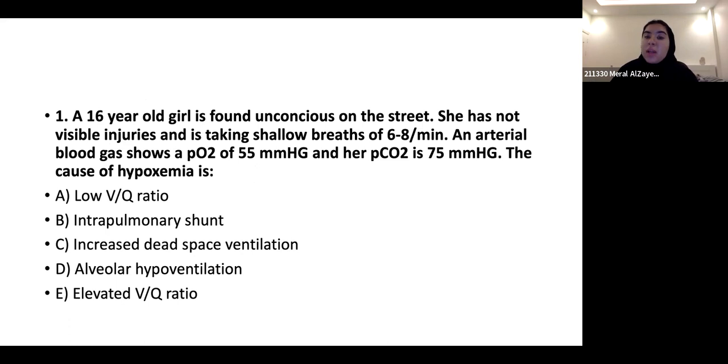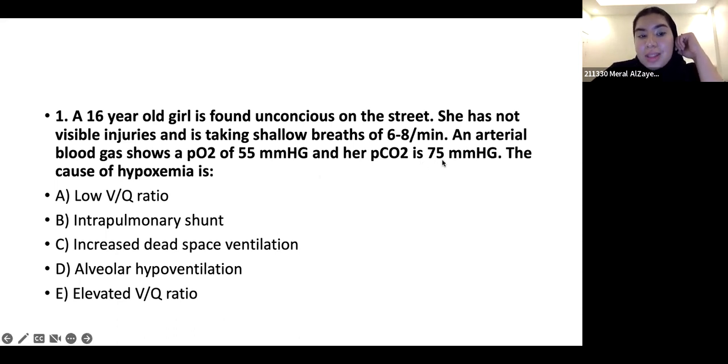So we automatically know now that the oxygen levels are decreased, and her carbon dioxide levels are high, right? Because what should the normal arterial carbon dioxide levels be? 40, exactly. Here it's 75.